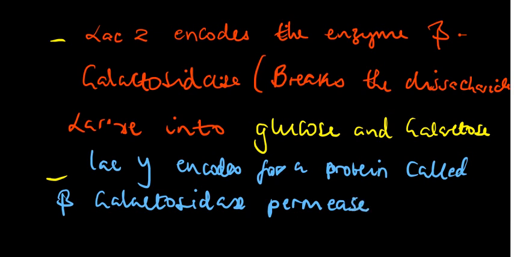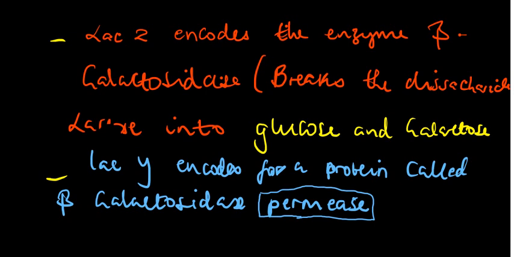When you look at this beta-galactoside permease, to permeate is the ability to pass through something. That's why we're always saying the cell membrane is permeable, because it allows substances to pass through it.